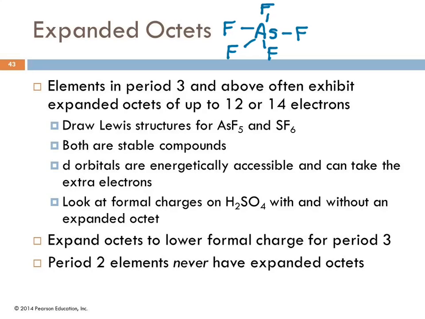How many valence electrons does arsenic have? 5. And the fluorines have 7. Oh, the dots are too big. I don't feel like making them smaller. They're all going to run into each other.